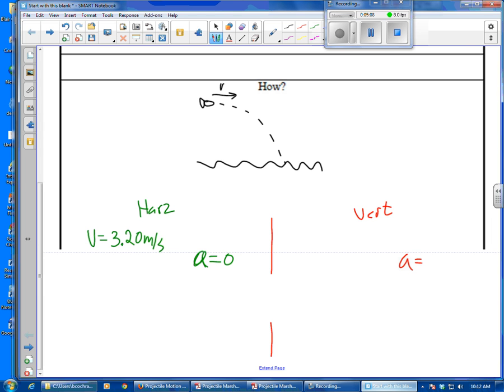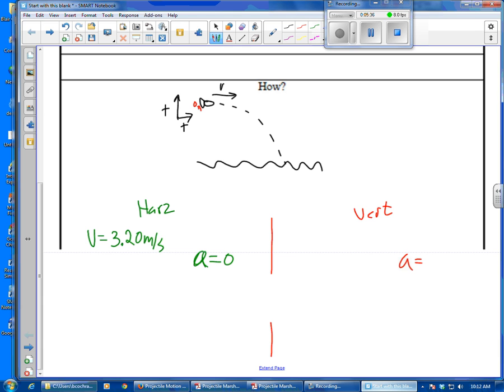Which way do you guys want to call positive? Up as positive. Would you like to call it to the right or to the left as positive? What height do you want to call where the fish is released? 0?